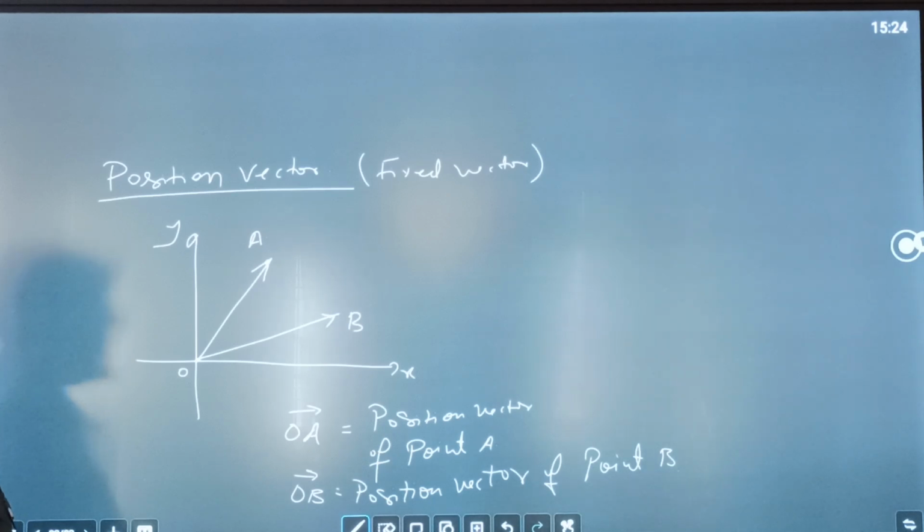So from that point of view, it is a fixed vector. So this is all about position vector.